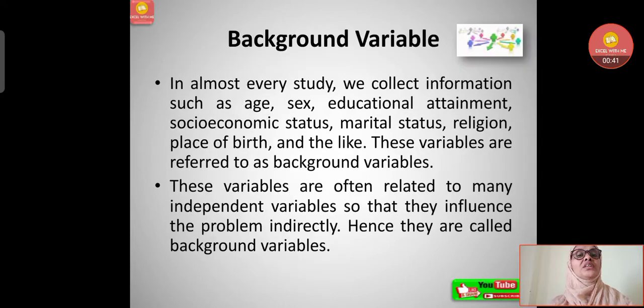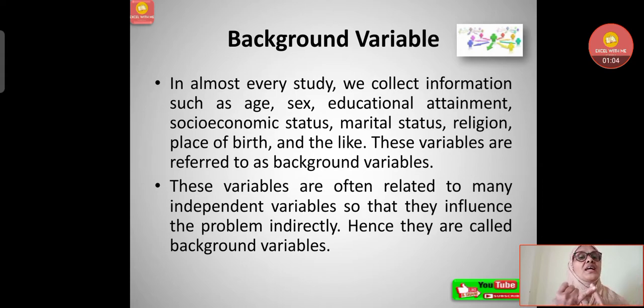Let's start with the background variable. In almost every study, we collect information such as age, sex, educational attainment, socio-economic status, marital status, religion, place of birth and the like. These variables are referred to as background variables.